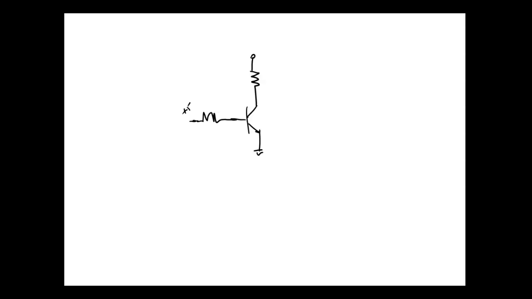Everybody okay? Yes or no? Depending on how much base current we have, that's going to cause this voltage right here to change. So if it's equal to approximately 0 volts, it means it's saturated.